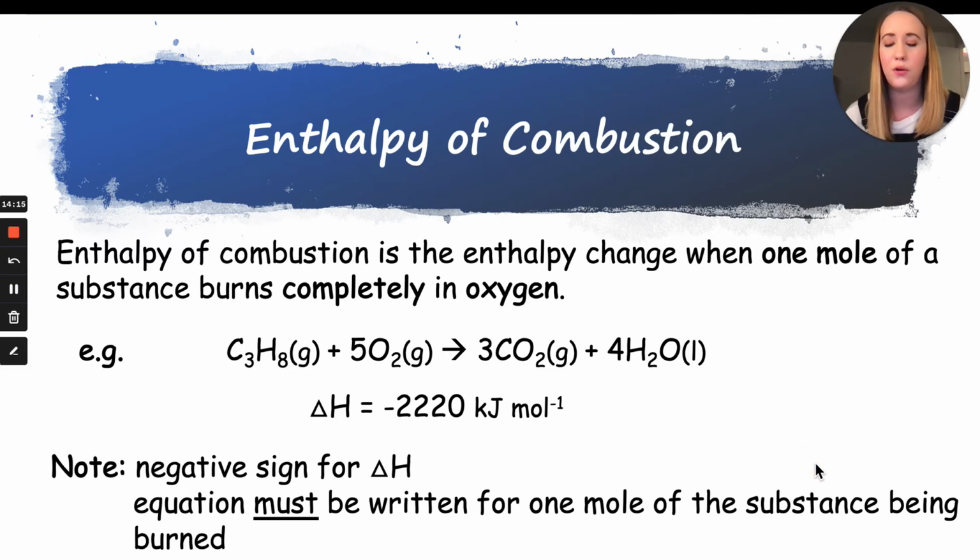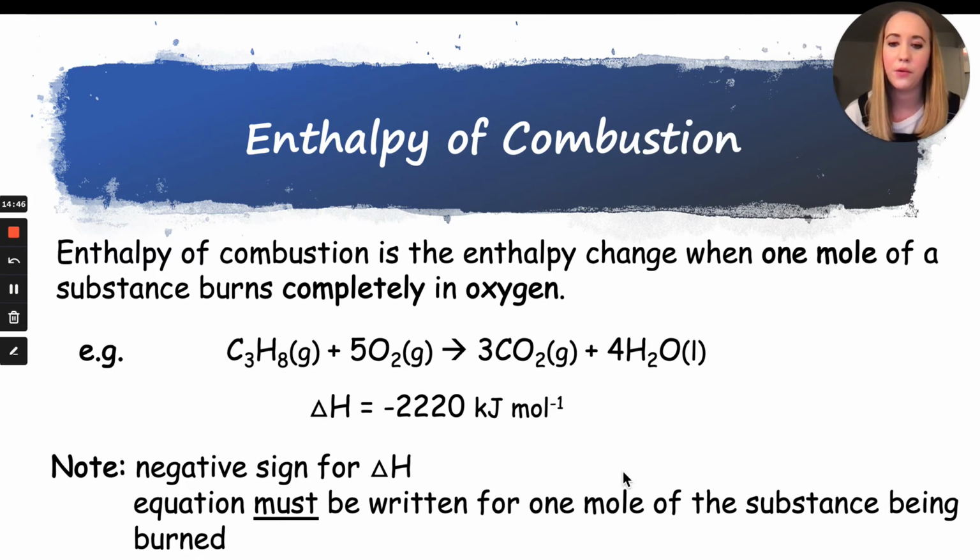So when you give a value for enthalpy of combustion, which is something you can be asked to do, you have to remember that it must have that negative sign in front of it to represent the fact that it's exothermic. And as I was saying before, remember that the equation must be for 1 mole of the substance that you're burning. Okay, it can be any number of moles of the other substances, as long as it's 1 mole of your fuel, the substance you're burning.